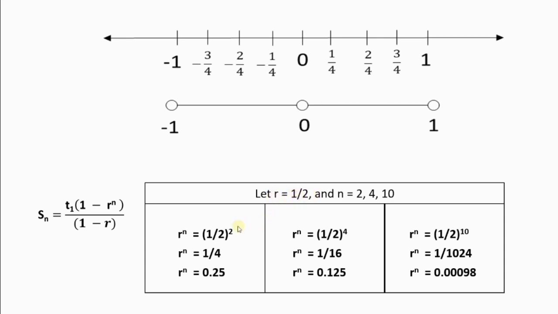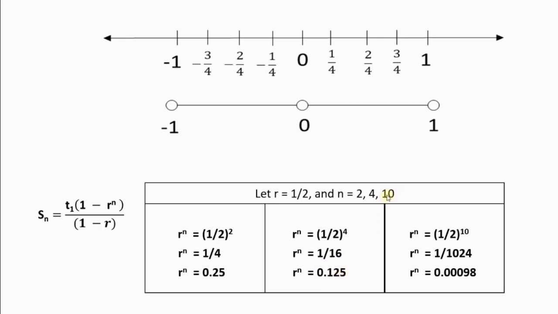What happens? Let's see. If r is 1 over 2, then 1 over 2 raised to the 2 power is 1 over 4, which is 0.25. When we increase n to 4, we have 1 over 2 to the 4th power, which is 1 over 16, which is 0.125.